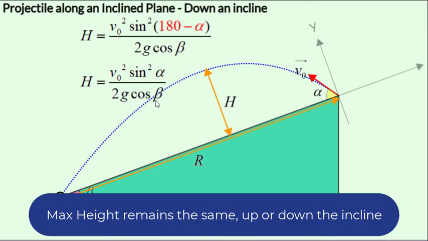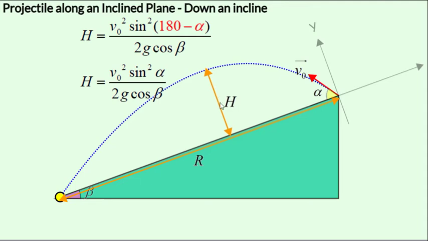So a launch with a launch angle of alpha up the incline or down the incline gives us the same maximum height. Also, you could try verifying the result by deriving the maximum height exactly like we did when the launch was up the incline. The same concepts, the same procedures are to be followed.